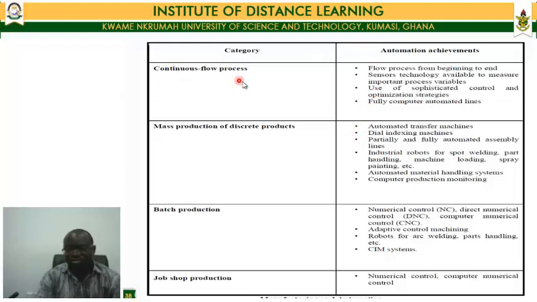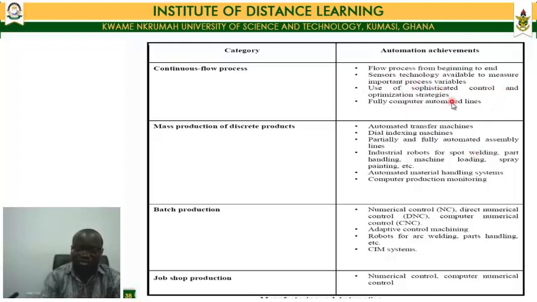When you take continuous flow processes, you have flow processes from beginning to end, like beverage production, like Coca-Cola, malt, and all that. In those places, you could see that sensor technologies are very available to measure important process variables.